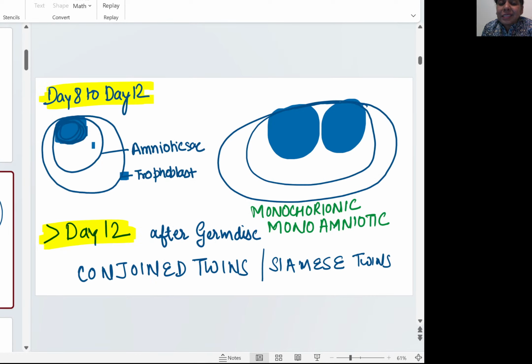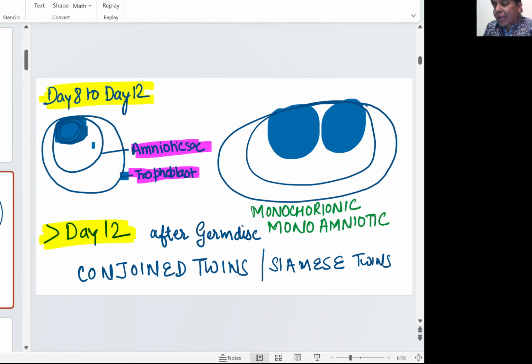Next, if the division occurs on day 8 to day 12, now there is formation of the amniotic sac also. This outer layer is trophoblast and this inner layer is amniotic sac. It is a table of 4: 0 to 4, 4 to 8, 8 to 12.